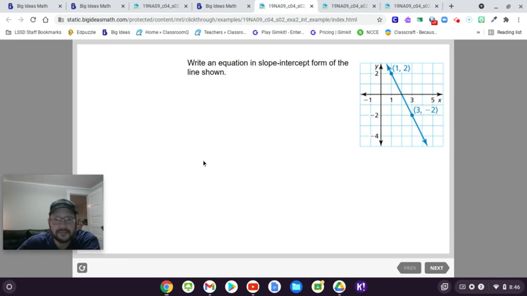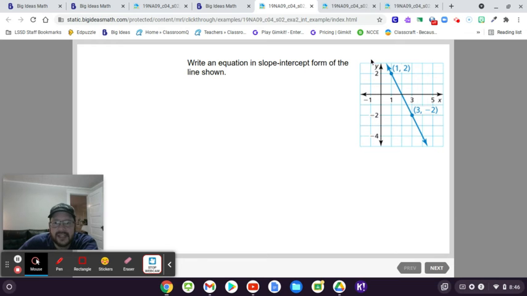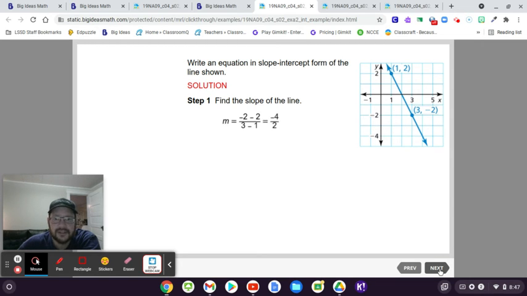Okay, so here we have 2 points. We can't see the y-intercept, but we know it's up here somewhere. So given these 2 points, first find the slope. You can use the slope formula, or you can find the rise over run. So here it's going down 4 and over 2.